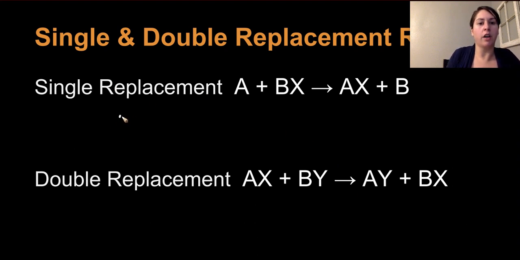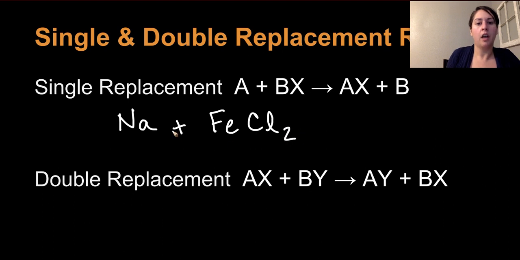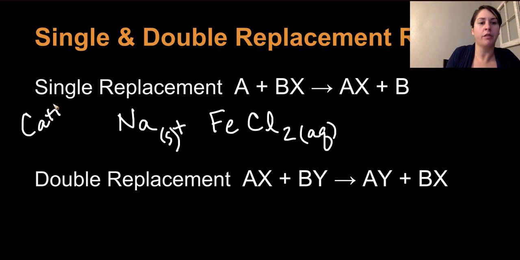So we'll take something like sodium plus iron chloride, FeCl2. We'll make it iron 2 chloride, okay? This is usually always a solid for us, and this is going to be aqueous. Now that will change if it's a cation example. So this is a cation example.